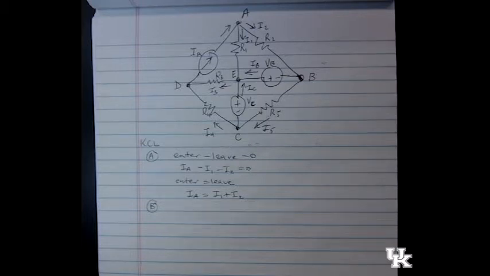Because when I'm using KCL, it's entering and leaving nodes in this one. Because this whole code is the same thing as if this is connected to this.